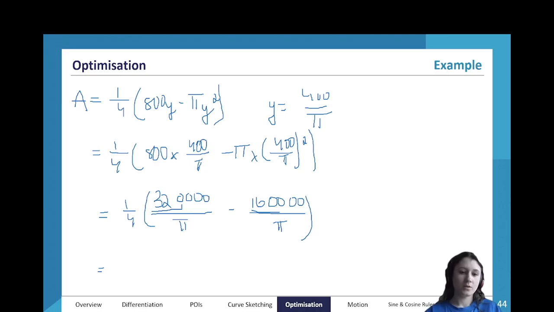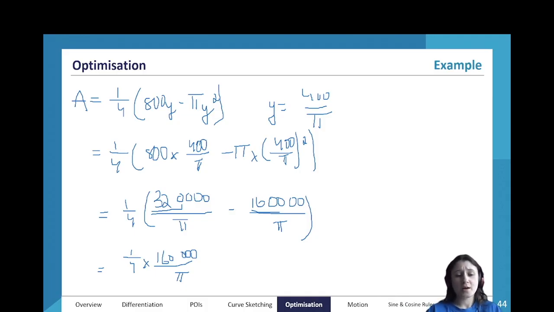Right? So what is 320 minus 160? It is 160. And the reason I know that immediately is because 16 is half of 32. Alright? And because they're both in the tens of thousands, 32 and 16, because 16 is half of 32, that makes things quite easy.